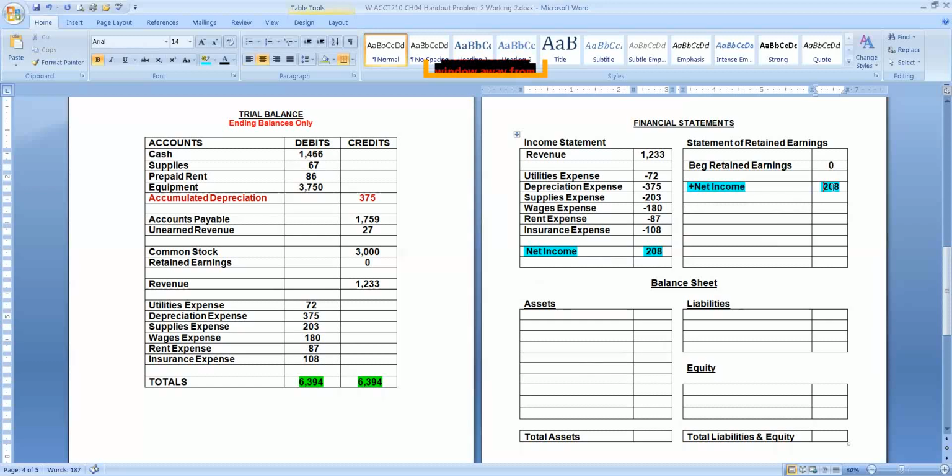Plus our net income. Minus dividends, we didn't have any. And this will be our ending.